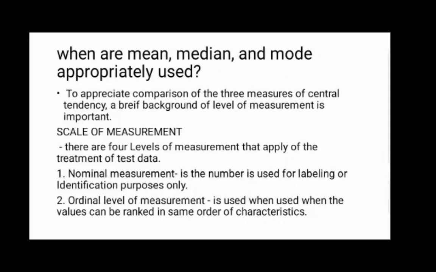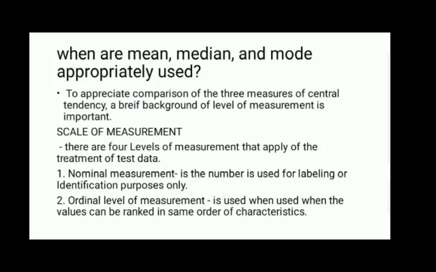To appreciate the comparison of the three measures of central tendency, a brief background of levels of measurement is important. Mean is used when you want to find the average value of a set of numbers. It is sensitive to extreme values, while median is used when you want to find the middle value in a dataset.